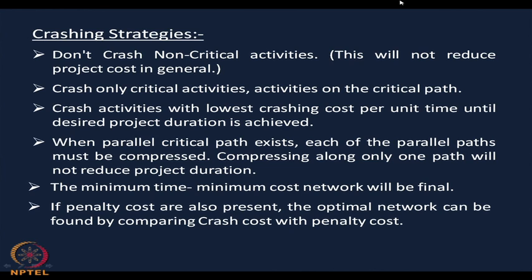So, the next point we are telling you is crash only the critical activities, that is, the activities on the critical path. Crash activities with the lowest crashing cost per unit time until the desired project duration is achieved. So, please again note here, crash activities with the lowest crashing cost, that means whenever you are crashing, you have to pay some cost.